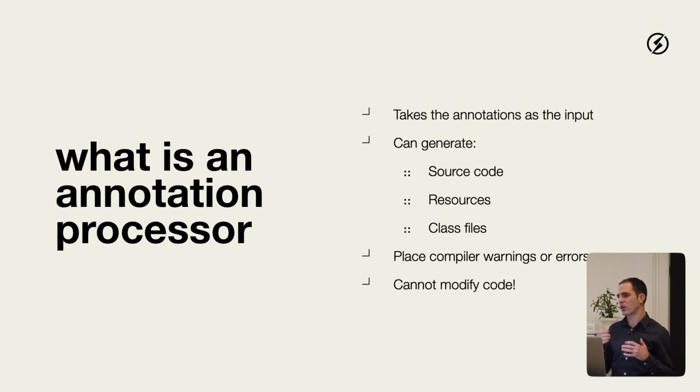If you compile your code, you obviously sometimes make errors, and you will see compiler warnings and errors, and the annotation processors can place the same type of errors in your code. So it will appear the same in your IDE as well.